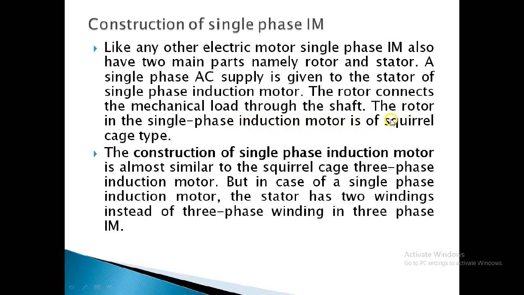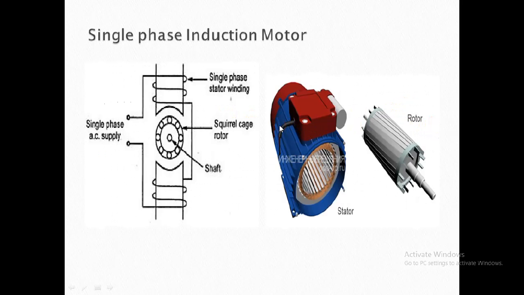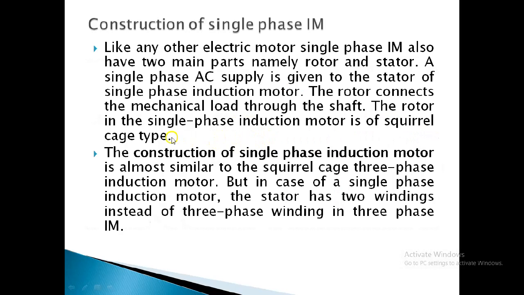Basically, the rotor of single phase induction motor is squirrel cage type. It is of squirrel cage type three phase rotor. Like the squirrel cage three phase induction motor, in single phase induction motor the rotor is of squirrel cage type.